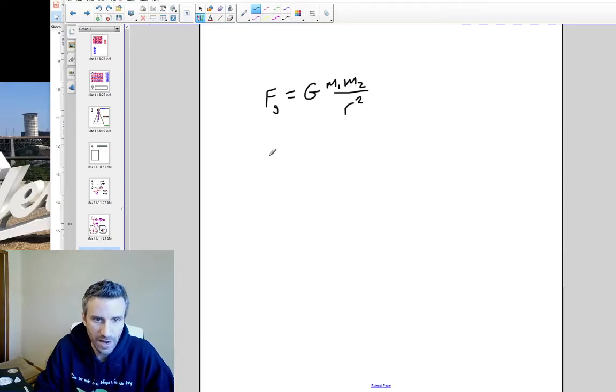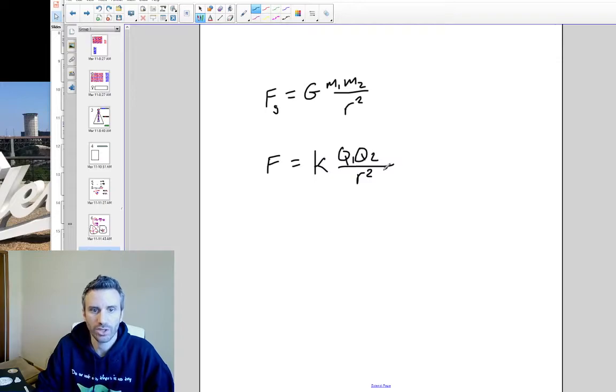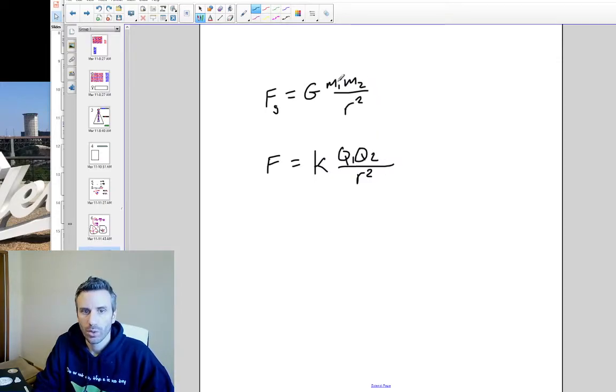Well, this is very, very similar. The electrostatic force between two objects is equal to K times Q1, Q2 over r squared, the distance between the two objects. Instead of mass, it's charge. Q is charge. By the way, Q can be represented with a lowercase q. I'll get into the specifics why in a little bit.